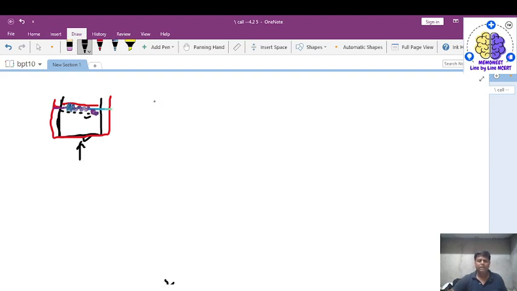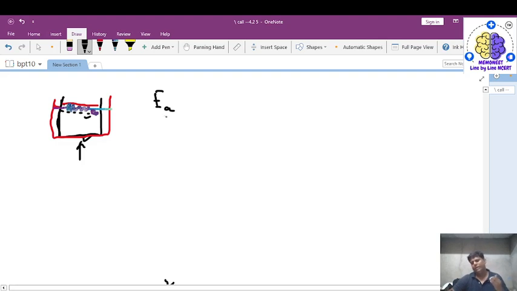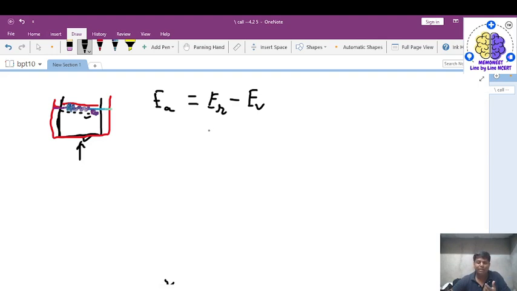So see, the expansion which is appearing to us, let's write it as EA. This will be equal to the real expansion minus the expansion of the vessel, right? This expansion will be given in terms of the coefficient of expansion.